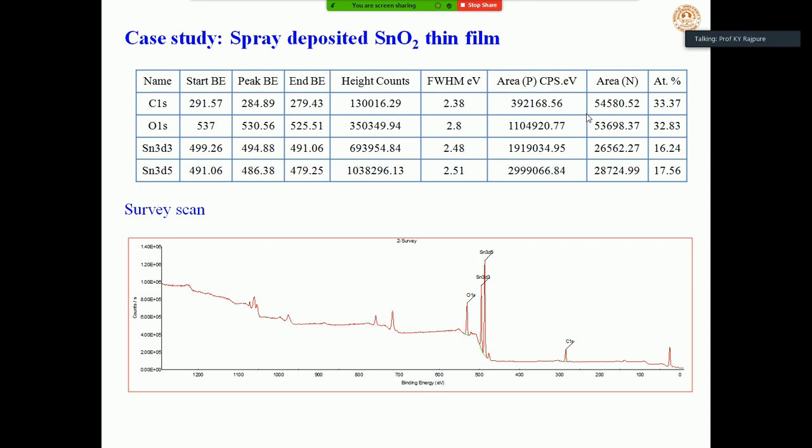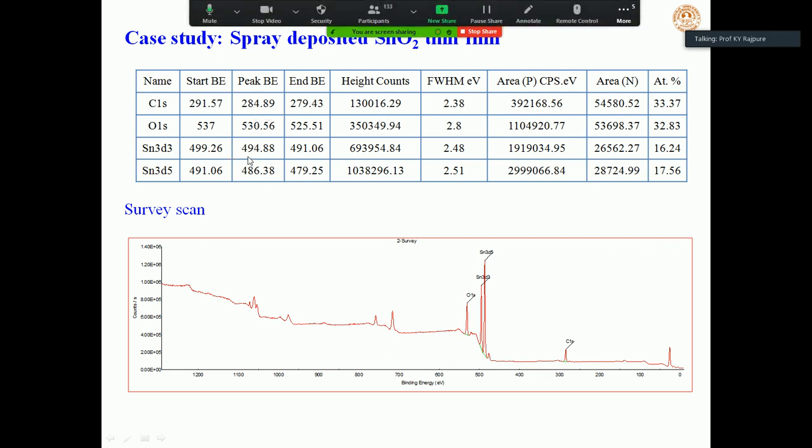Therefore, we have shown carbon, oxygen, and tin. Sorry, antimony is not seen in the survey scan, but from the peak positions we can tell which elements are present.